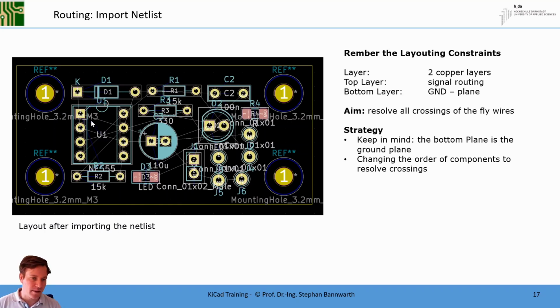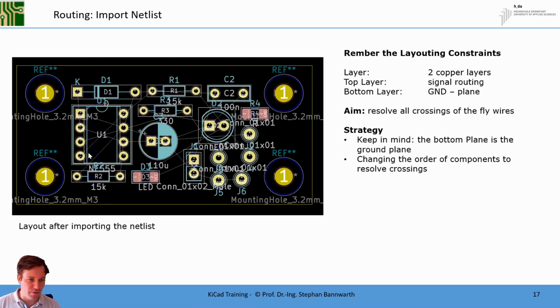The last thing you can see are these little light white lines connecting different points or different solder pads on the PCB. These lines are called flywires. Why? Because the flywires indicate which points have to be connected electrically during the routing. And now this is the point where we are getting a two-dimensional problem.